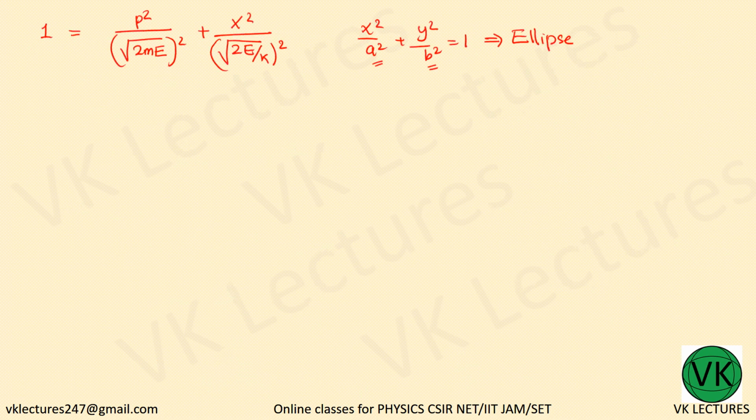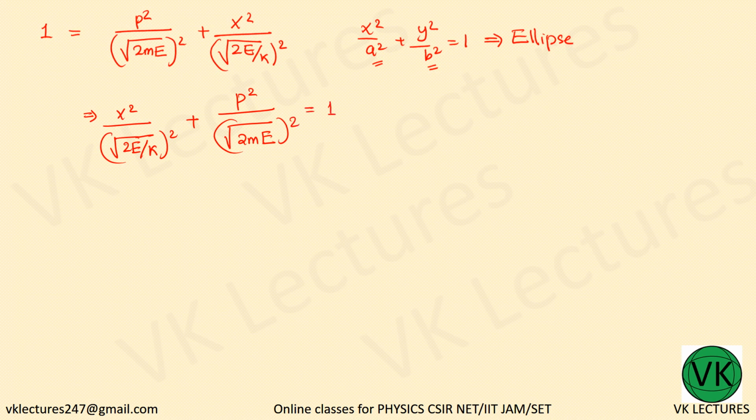So now we have x square divided by root of 2E by k whole squared plus p square, that is on the y-axis, root of 2mE whole squared equal to 1.